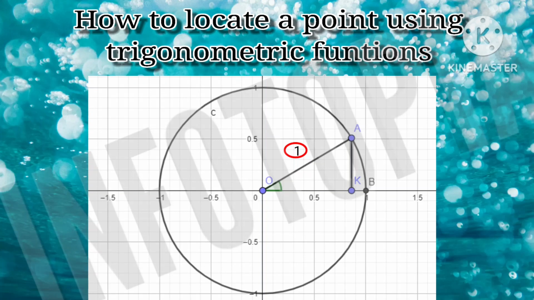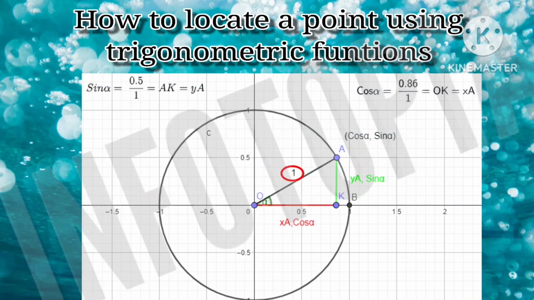Now we can form the equations for the sine and cosine with respect to angle O, and we will notice that since the hypotenuse is equal to 1, both sine and cosine are equal to the sides AK and OK respectively, which are also the y of A and x of A.